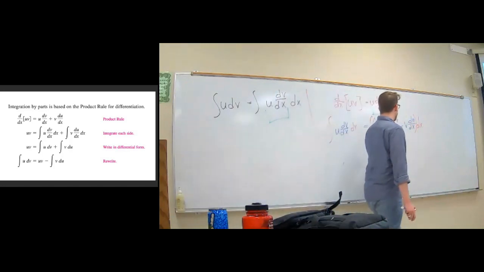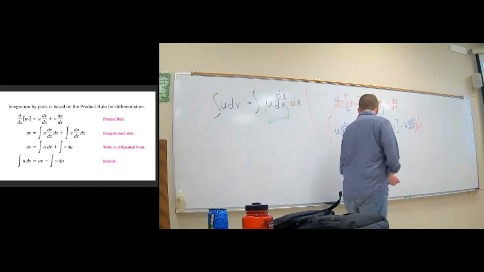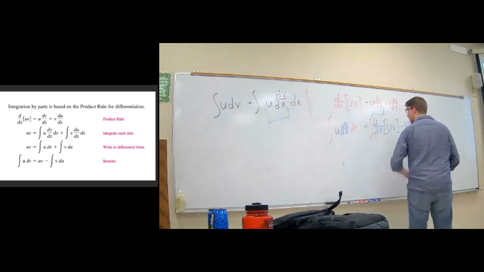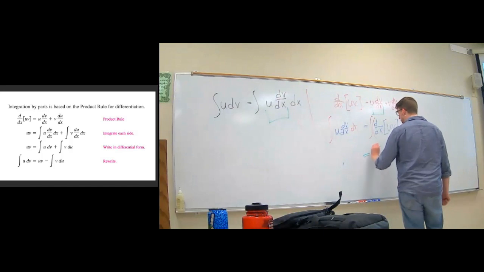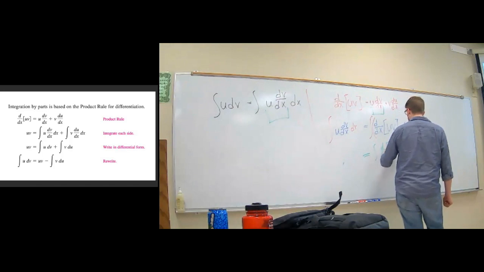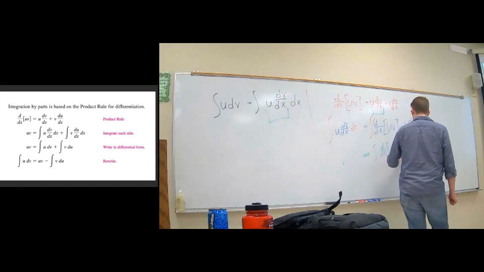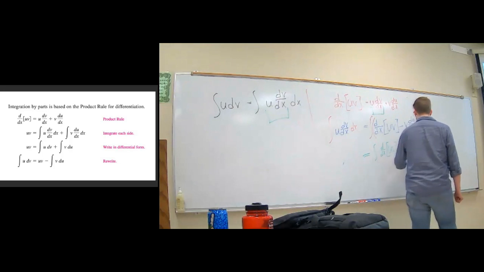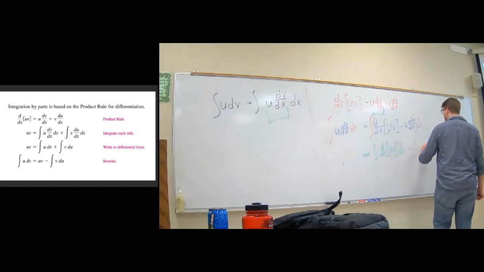Let's rewrite this whole thing. When we rewrite it, we get the integral of d dx of uv integrated with respect to x minus v times du dx integrated with respect to x.